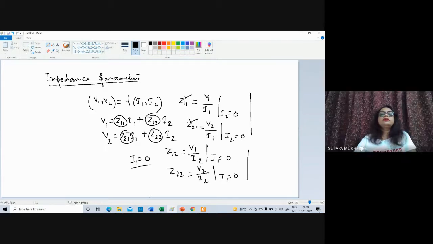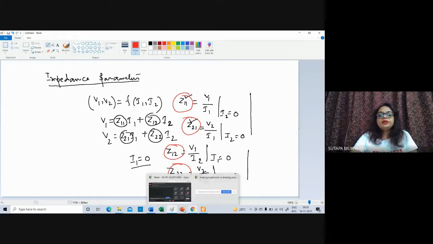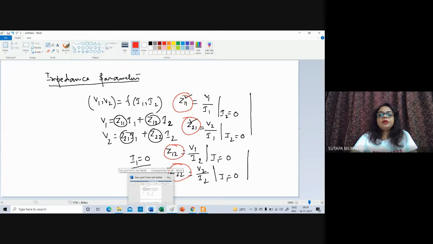So these are the parameters you have got: Z11, Z21, Z12, Z22. These are the basics to get impedance parameters. On the basis of these parameters, we will do a problem, so it will be clear to all of you what is the basic application of these parameters. So go to the problem.